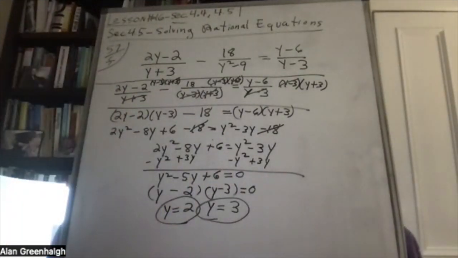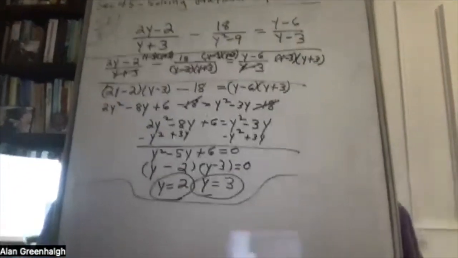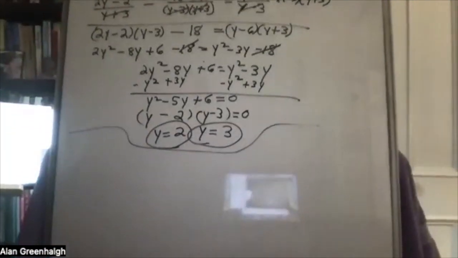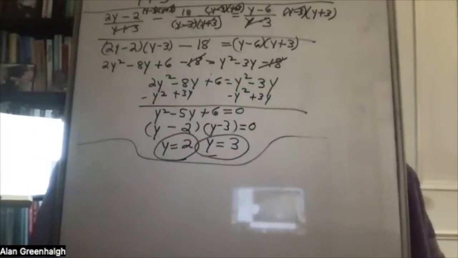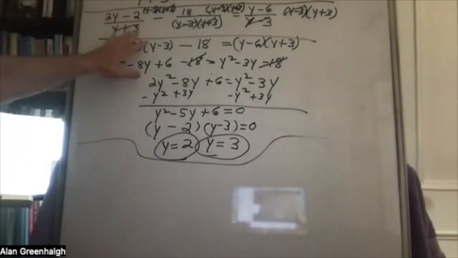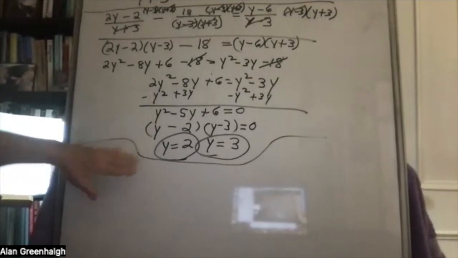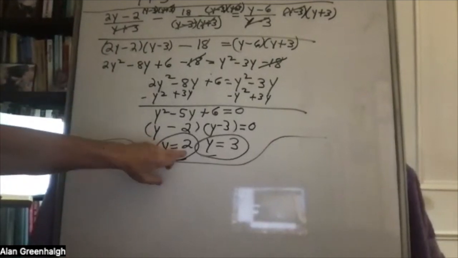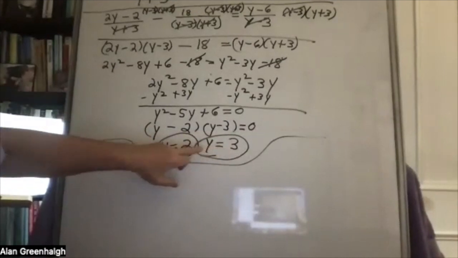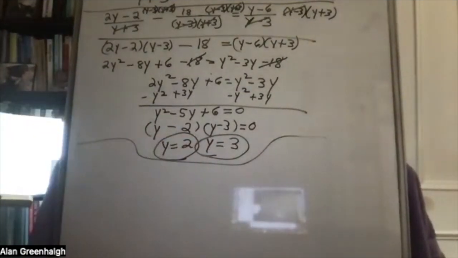Now, this problem was assigned to you first, of course, to solve a typical type of equation that you're going to need to be able to do on the next test for sure. The equation will definitely look like something like this. But also, we need to check these solutions.